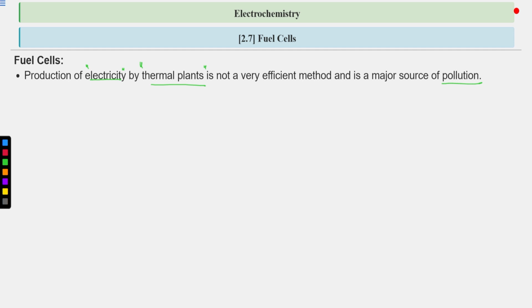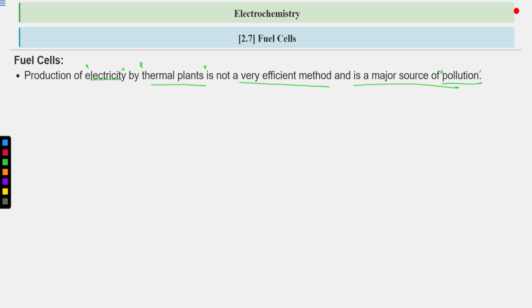So the production of electricity by the thermal plants is not a very efficient method and is also a major source of pollution. A lot of pollution happens due to this.